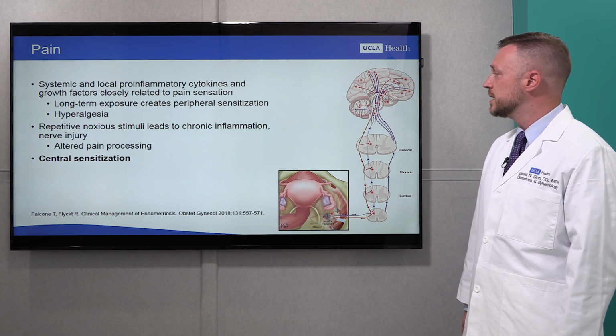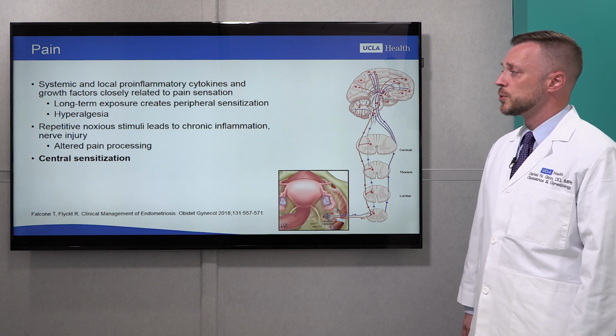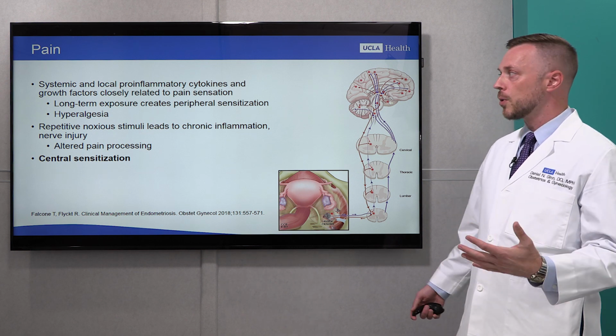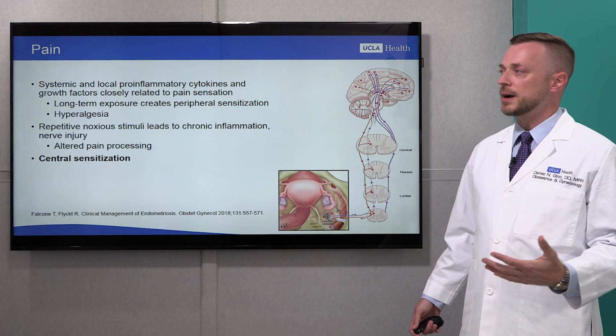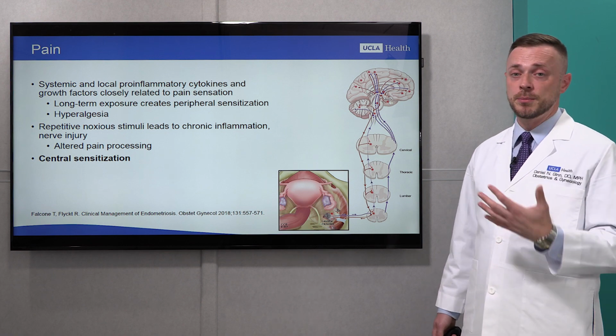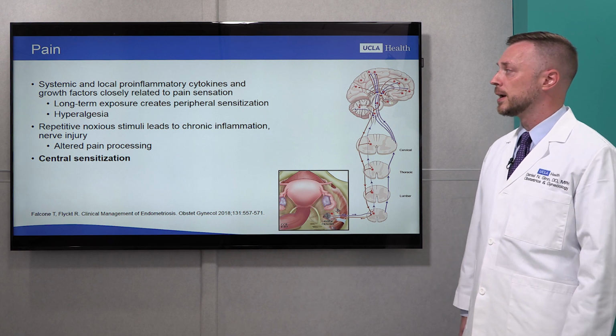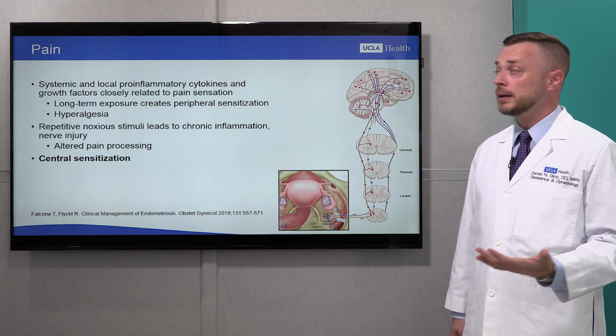The pain pathways that we understand with endometriosis are pretty intense. There are systemic and also local pro-inflammatory cytokines and growth factors. Basically these are signals that the brain receives, both systemically and locally, telling your brain that your body is in pain.